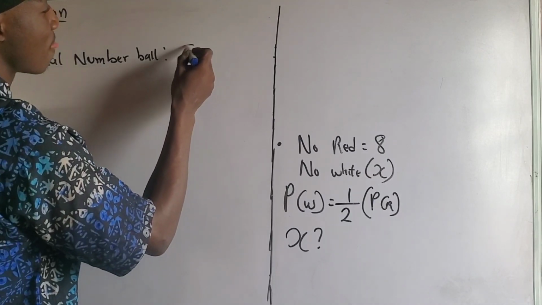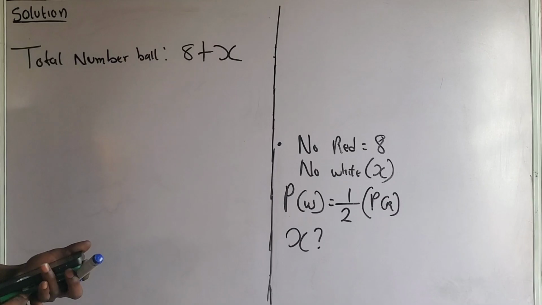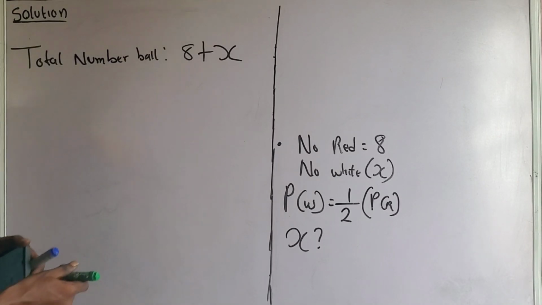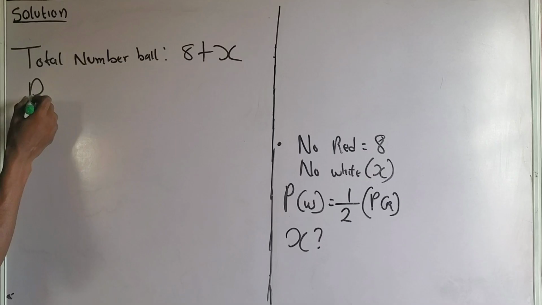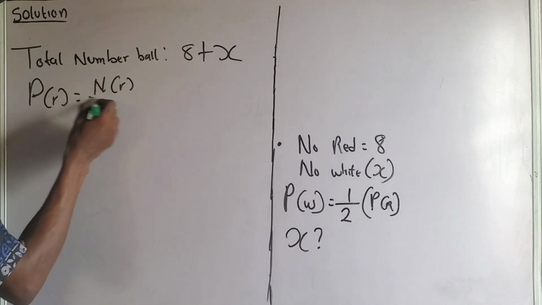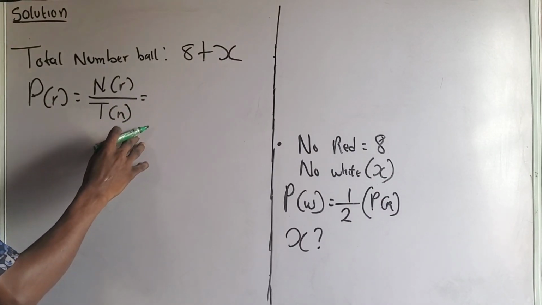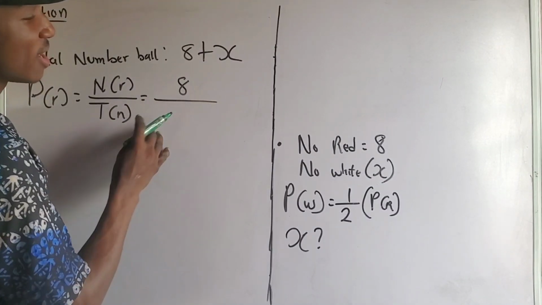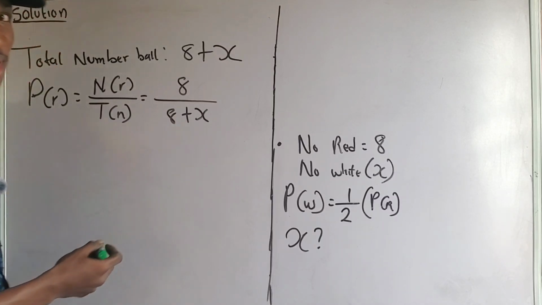So I'm going to have 8 plus x. That's the total number of balls present in the basket. Now, the probability of a red ball will be equal to the number of red balls all over the total number of balls. Are you getting it? The number of red balls is 8, and the total number of balls is 8 plus x. Do you understand?